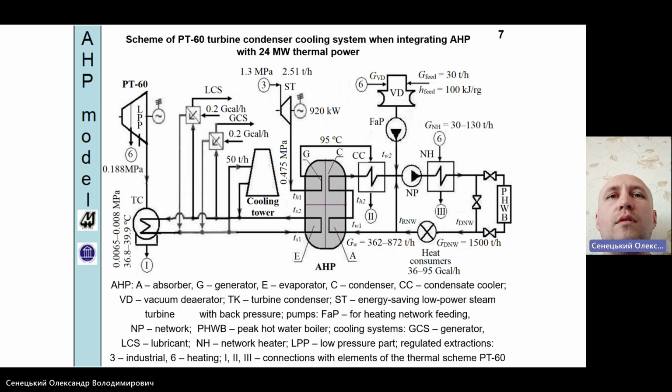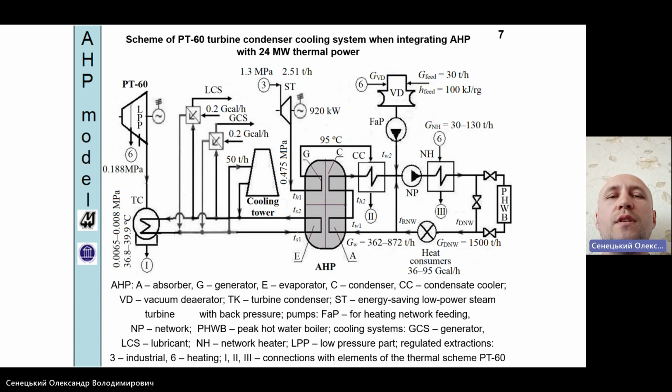The scheme of AHP integration into the PT60 thermal scheme, the feature of which is the presence of only one extraction for steam supply for heating, is shown in this figure.